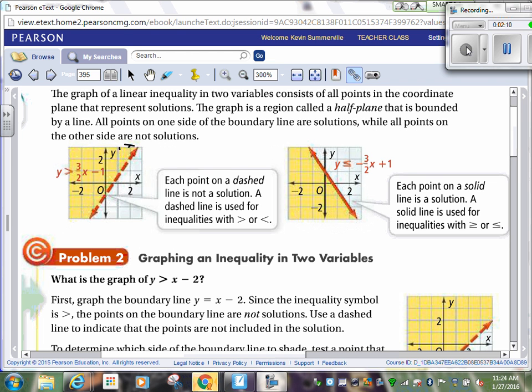So let's take a look at how they came up with that equation. Let me write that equation again for you. Y is greater than 3 over 2x minus 1, and y is less than or equal to negative 3 over 2x plus 1. Remember what we talked about last semester? We did this a bunch of times.